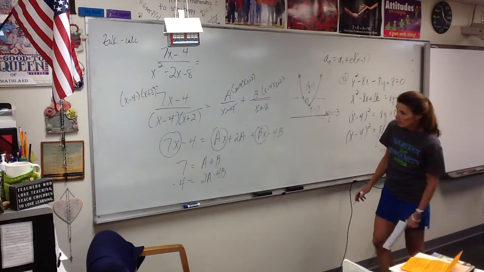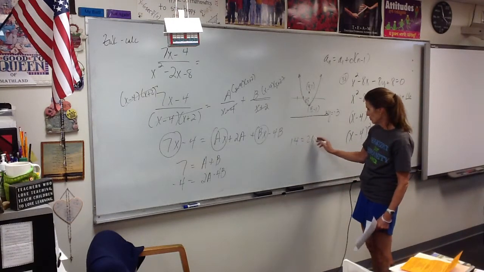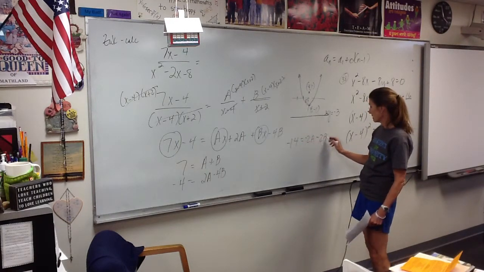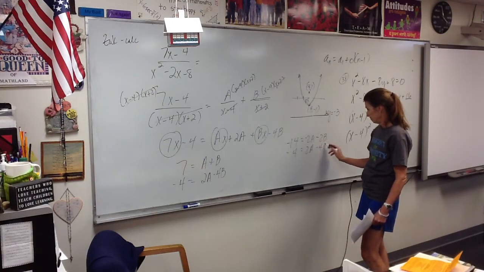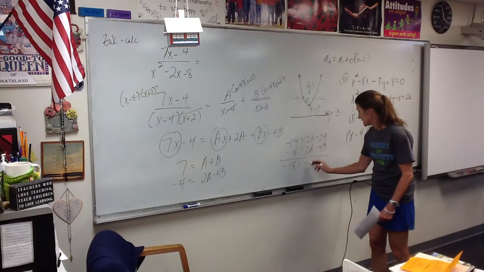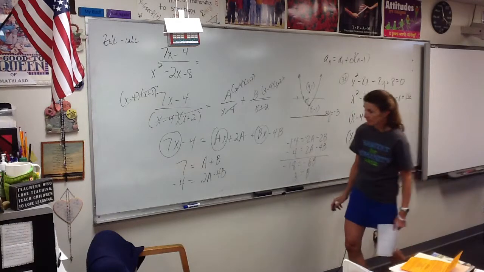Now you're going to solve that little system. I think I'll just multiply the top equation by 2. How about -2? Multiply the top one by -2. And I get -18 equal to -6b, so b is 3.